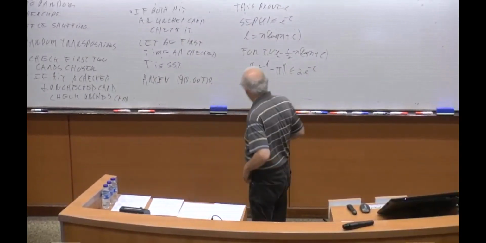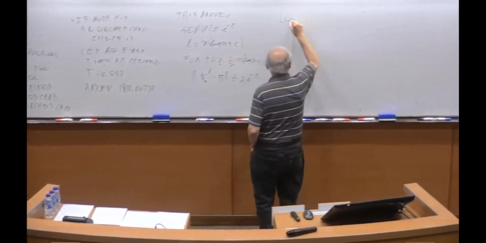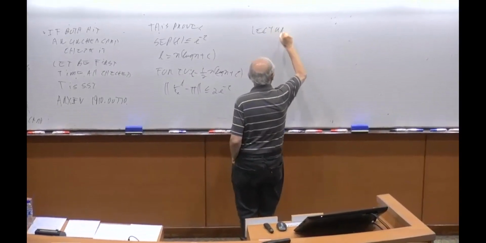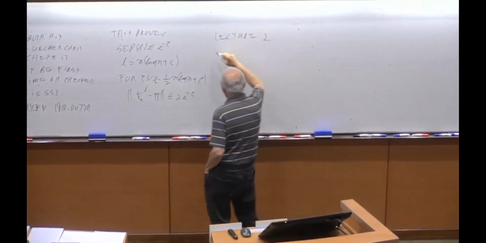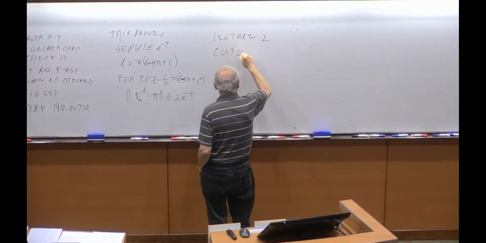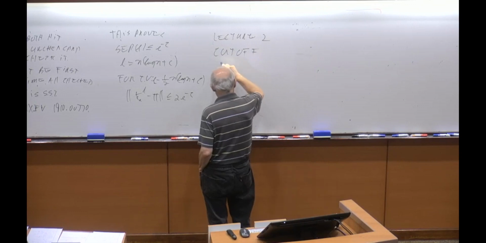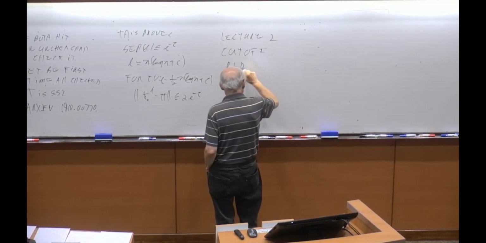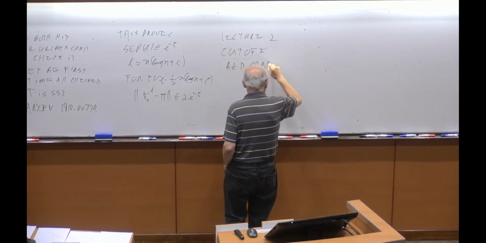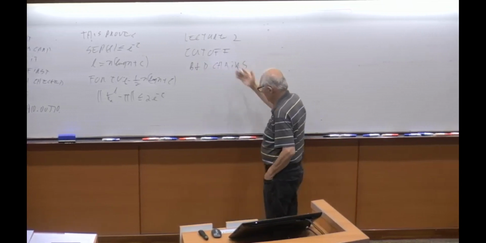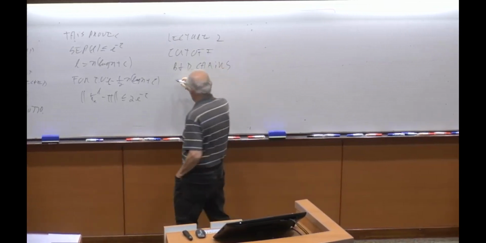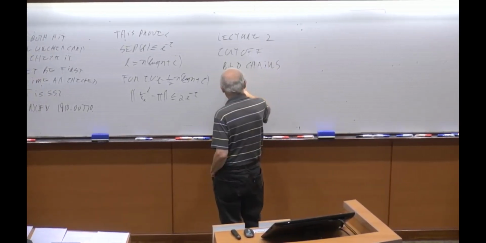In lecture 2, we talked about cutoff. We talked about birth and death chains, and talked about the Peres conjecture, the product conjecture.